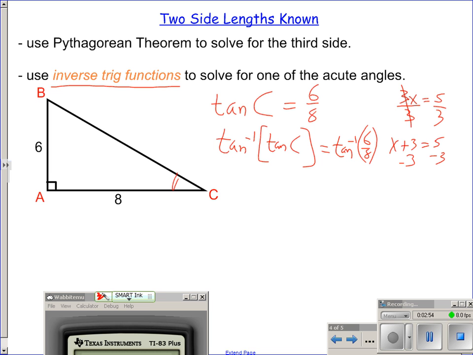The inverse tangent and this tangent cancel each other out, just like multiplication and division, and adding and subtracting cancel each other out, as long as it's the same trig function. So the inverse tangent of the tangent of angle C is just angle C. So angle C equals the inverse tangent of that ratio, 6 over 8.